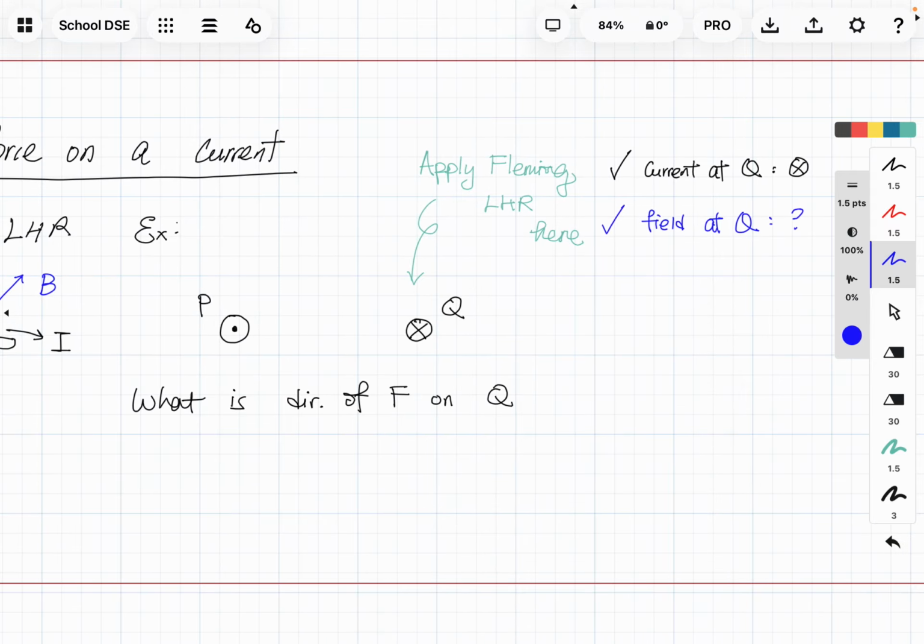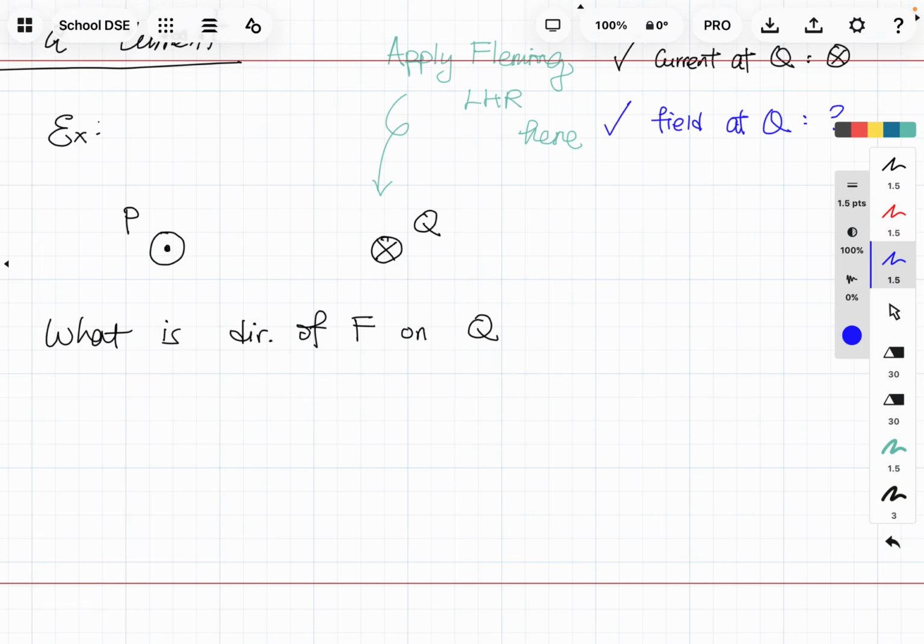Let me say I have a region of magnetic field.